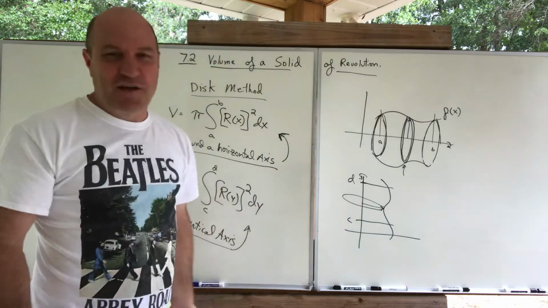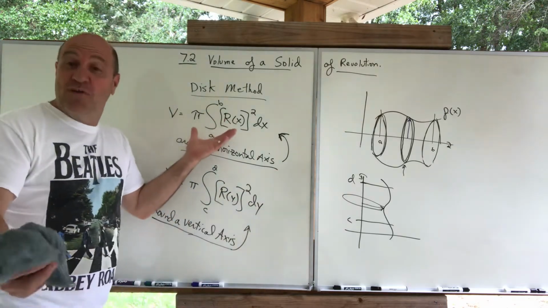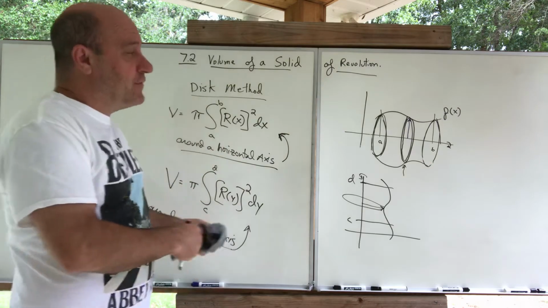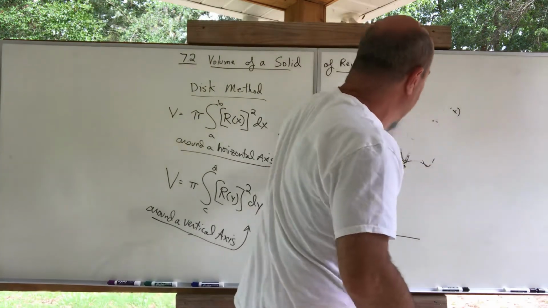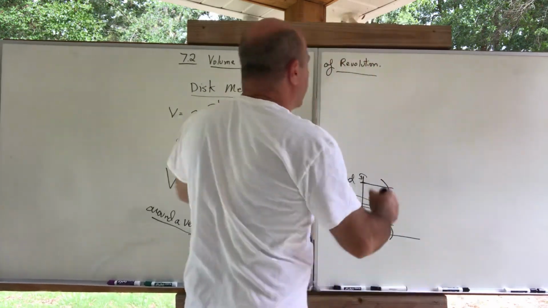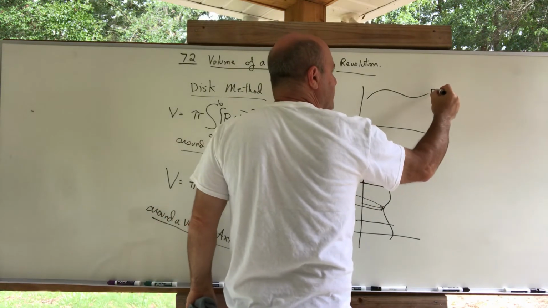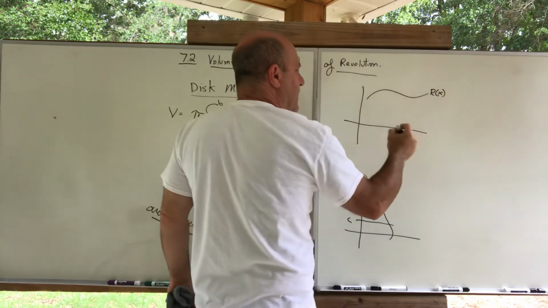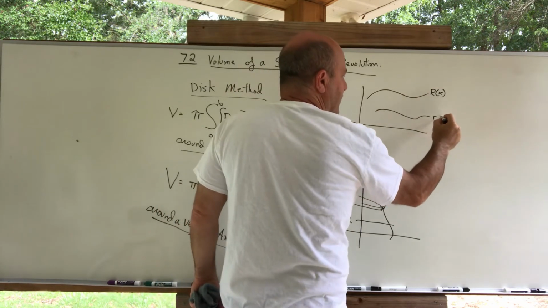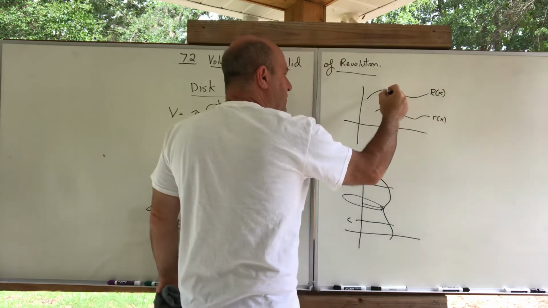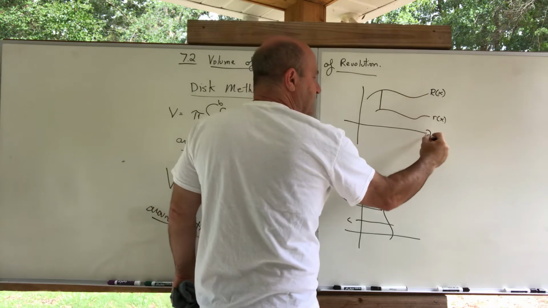To me, it's not really a new method. It's the disk method with a hole in it. Let me show you a picture of that. You had some function here, let's call it big capital R of x, and some little function here, little r of x, and you spin this around the x-axis.